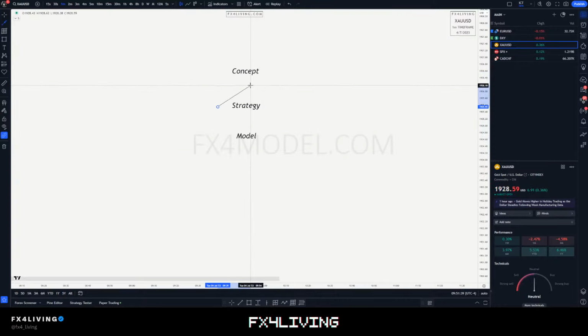It's a tool in your toolbox, right? For example, premium discount. This can be applied on everything, right? Maybe a fair value gap is a concept, right?